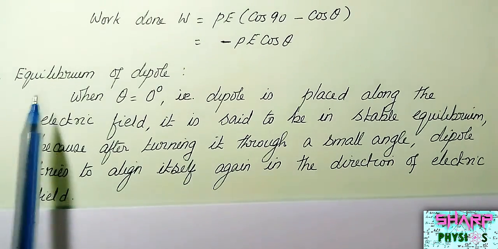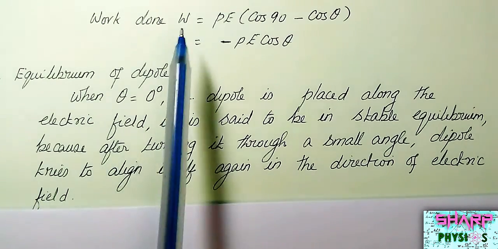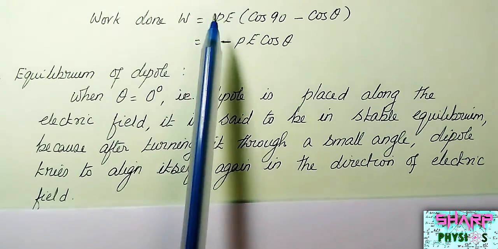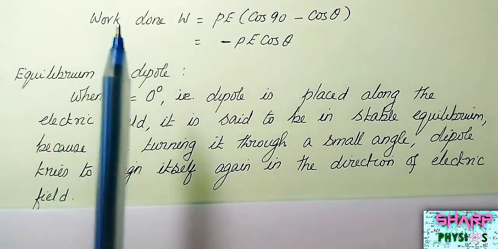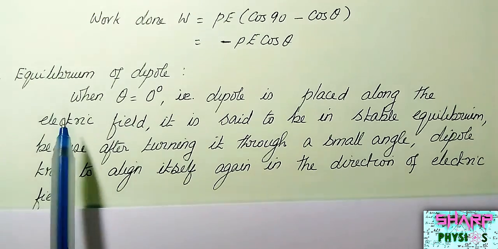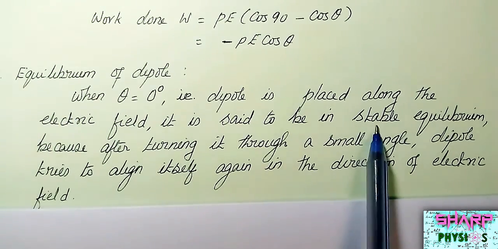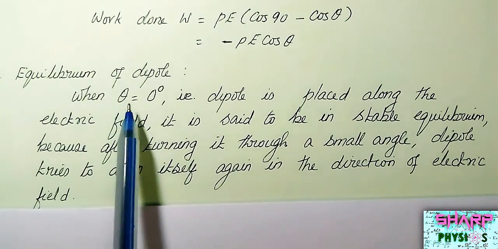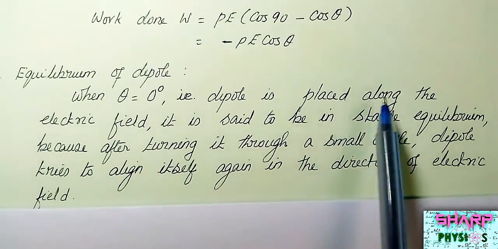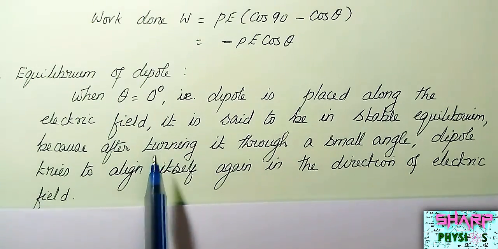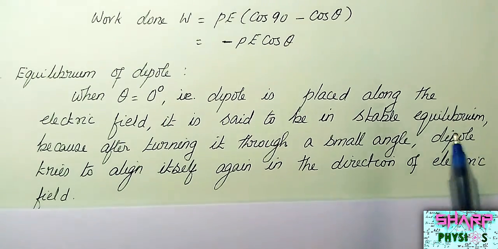Next is equilibrium of a dipole. In the previous case you saw a small tilt of rotation, then it was at 90 degrees. Now we see when it is along the electric field. When theta is equal to 0, the dipole is placed along the electric field. It is said to be in stable equilibrium because after turning it through a small angle, the dipole tries to align itself again in the direction of the electric field.